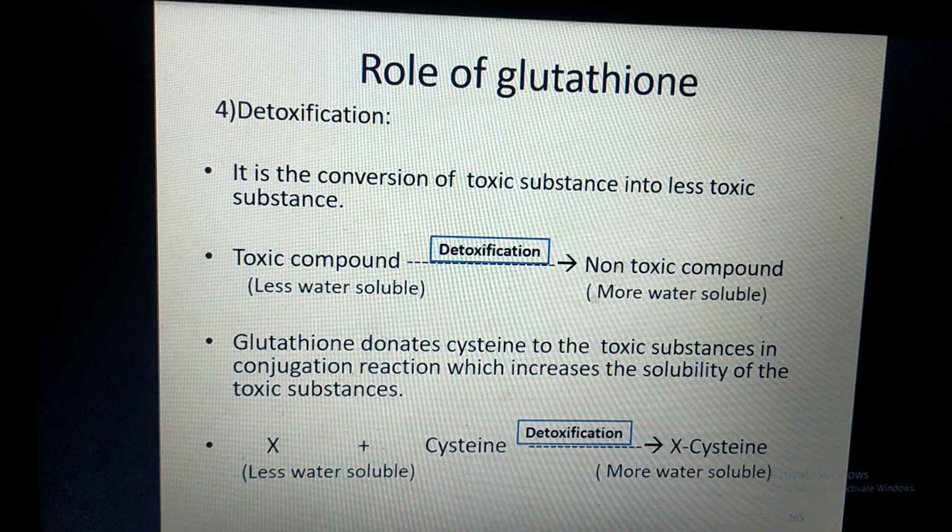Conjugation means joining reaction. When this cysteine joins with a toxic substance X, the solubility of this substance increases, and therefore the compound X, which is less soluble in water, now becomes more soluble in water. Therefore it is less toxic for the body, and the body can easily remove it outside.